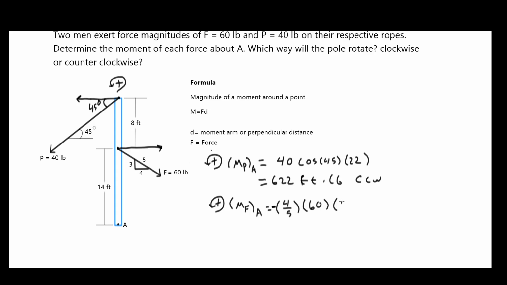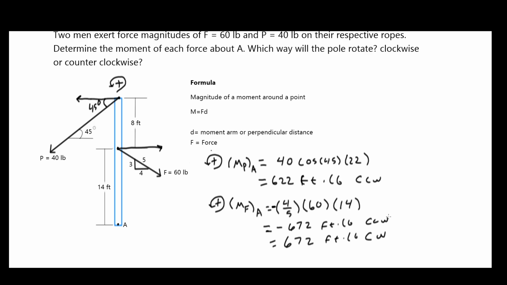So multiply that by 14, and we get a value of negative 672 feet per pound, going in the counterclockwise direction. So what that means, it's actually going 672 feet per pound in the clockwise direction.